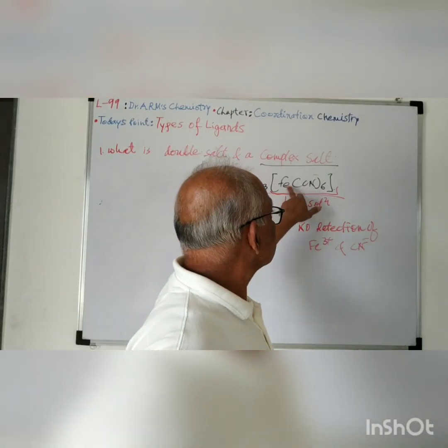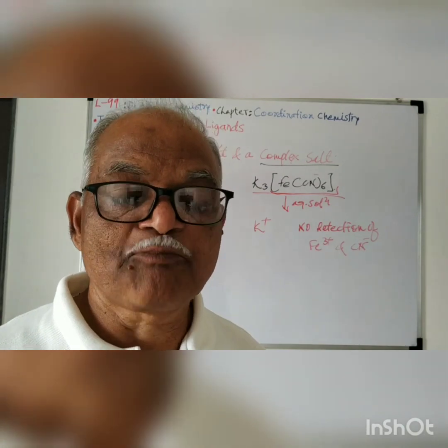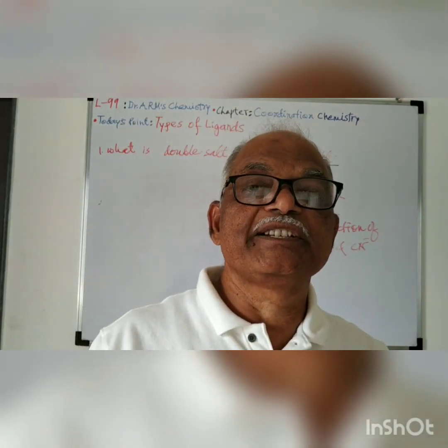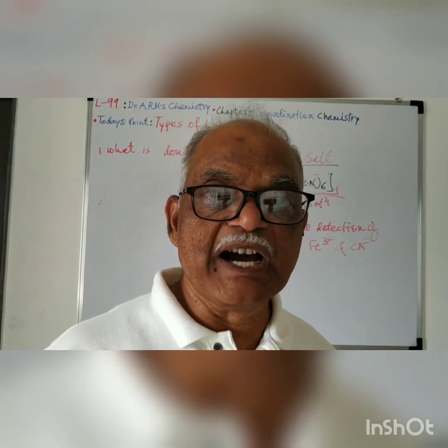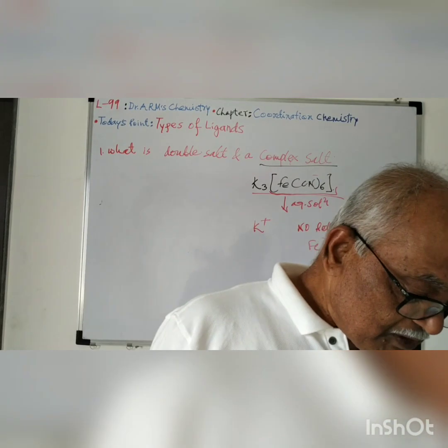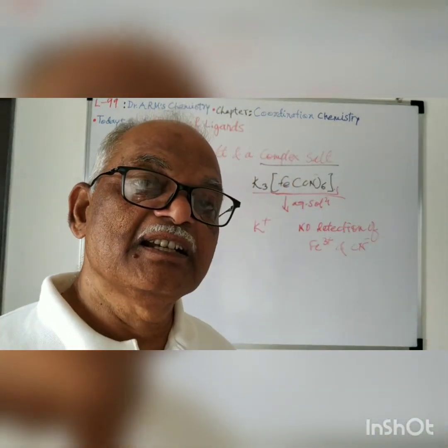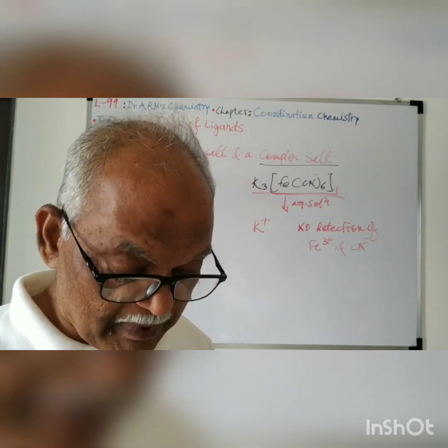So Cl minus is strongly bound with Fe3+, and that is why they are not dissociated in water. They are not ionized and detected by our simple tests. In this way, there is an important difference between a double salt and a complex salt.